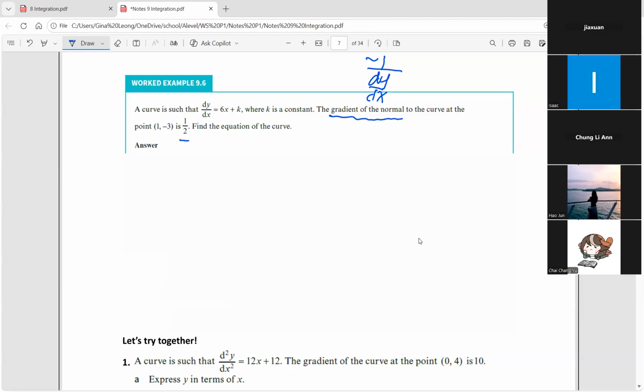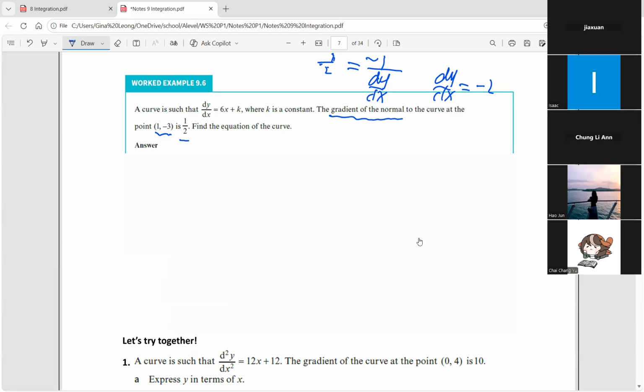So from here, I can say that my dy/dx is the same as -2. Am I right? If I put it in here, it's the same as 1 over 2. So I can set my dy/dx as -2, with x is 1 and y is -3.